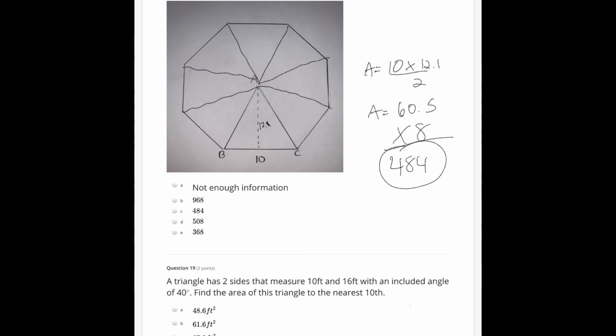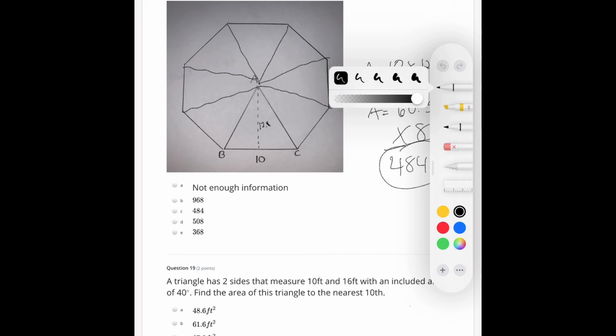All right, let's look at it. Okay, 19. You've got a triangle that has two sides that measure 10 and 16. It doesn't matter which one is the base. So let's let 16 be the base.